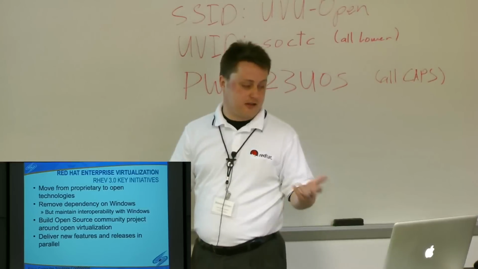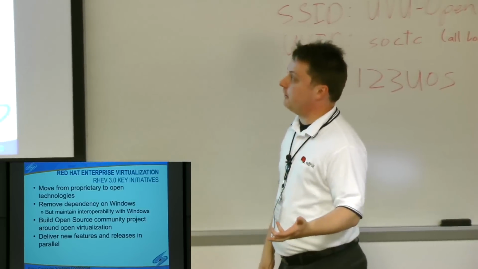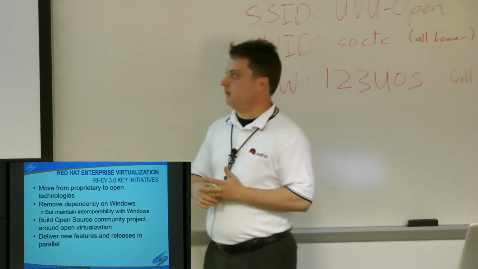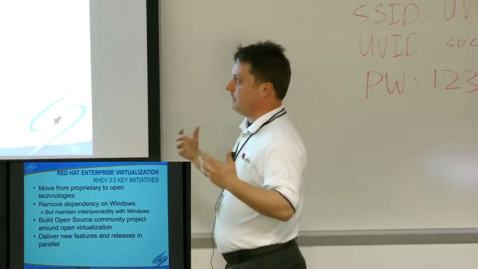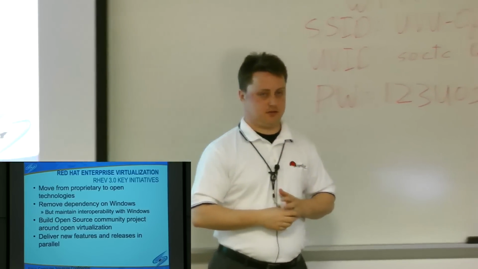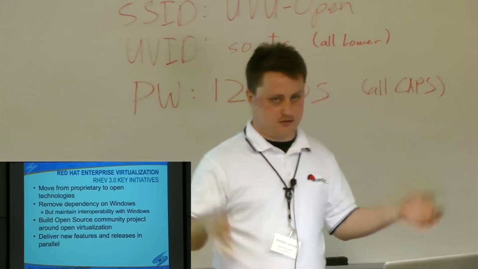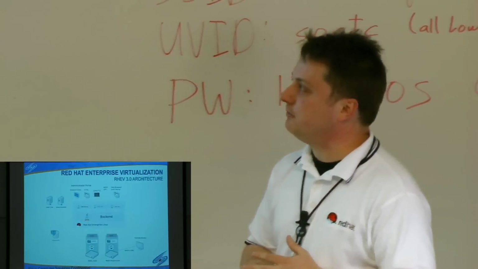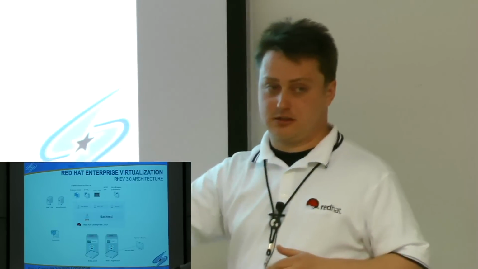Then the one thing that they set out to do when they created the oVirt project is it had to be an open source community. And everything had to be on open standards. No more of this .NET crap. So this is what it looks like now. It's all Java.